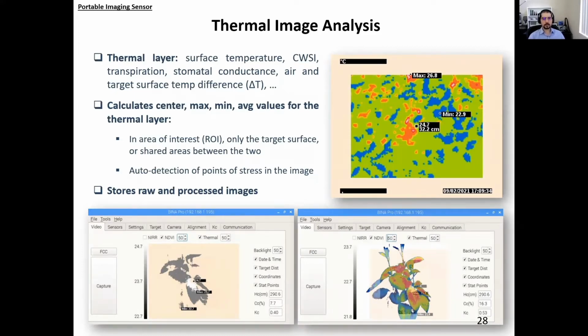This allows us to automatically detect points of stress in the image by just pointing the imager at a target, at the plant canopy. And like other stages, raw images, raw data, metadata, and also processed images are stored in the memory of the imager.